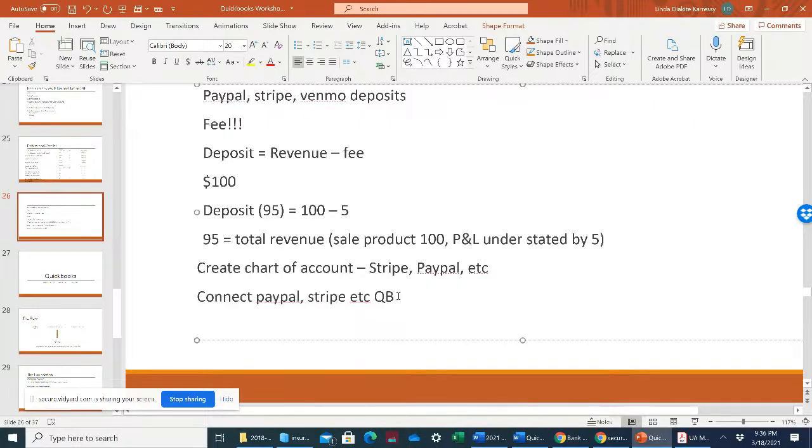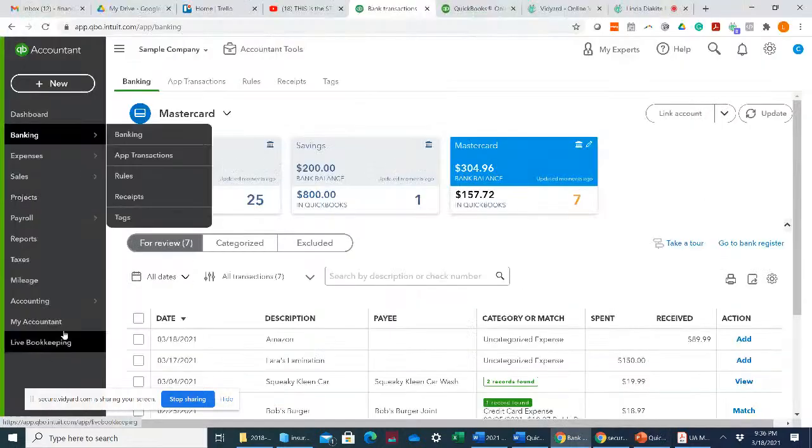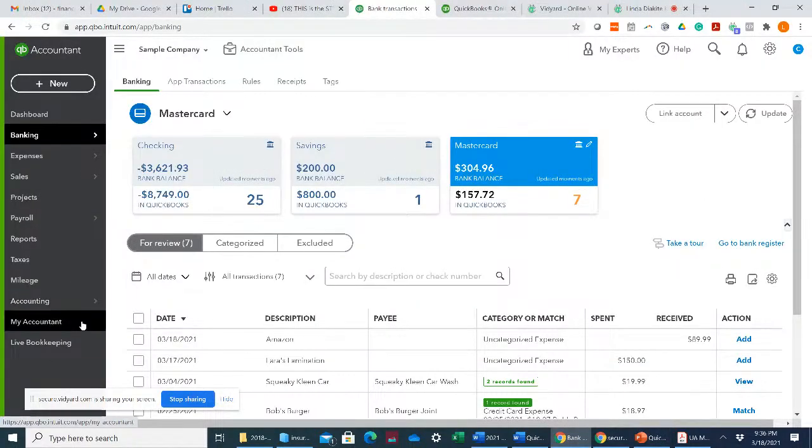Now, I've noticed lately that QuickBooks is charging, like they want you to possibly get an app to connect these. So before you pay for an app, verify if there's a free app that QuickBooks offers, and you can go under apps in QuickBooks. So you can't go under apps here in the sample, but it will be right over here on the left hand side.